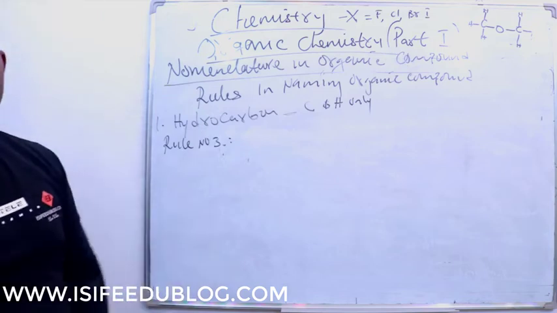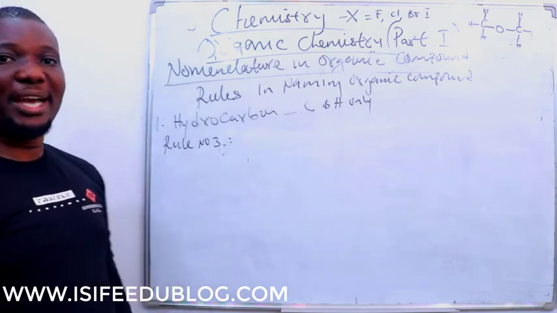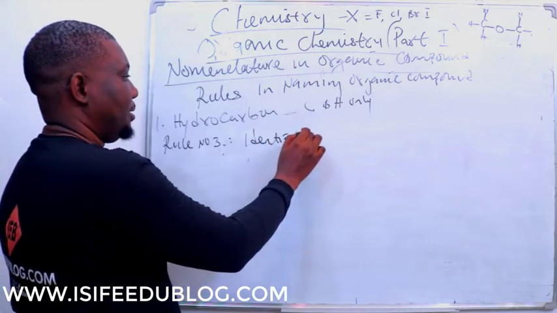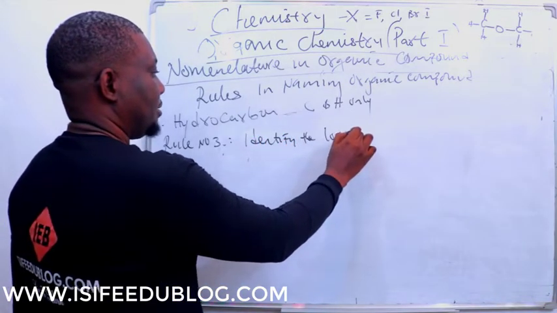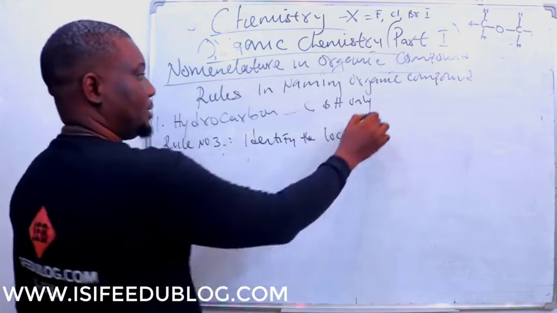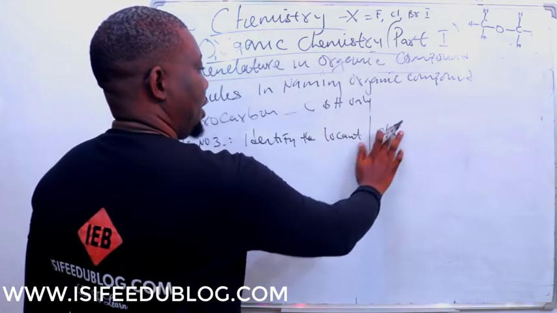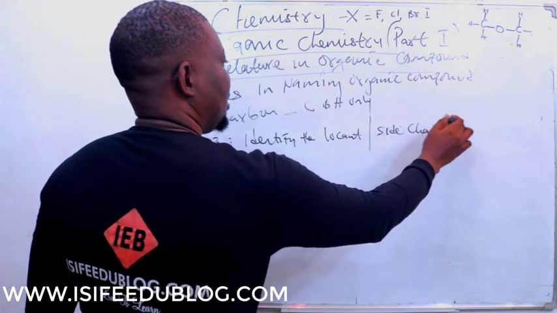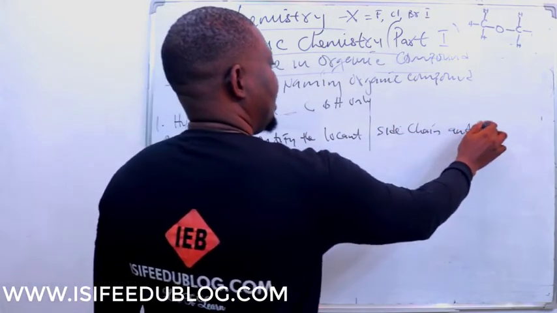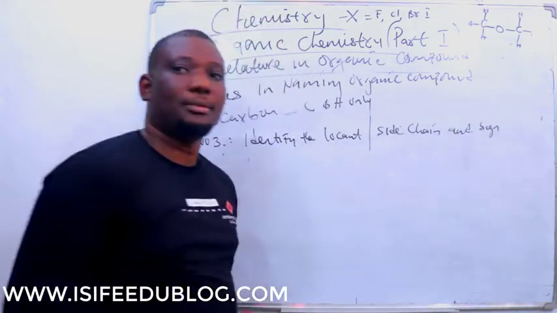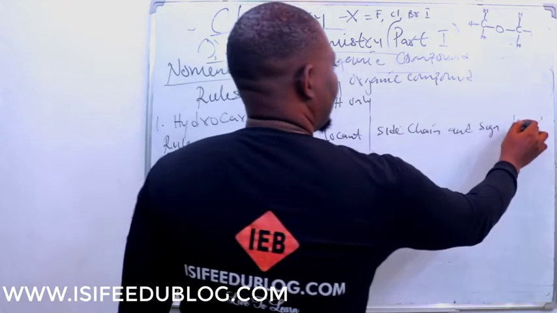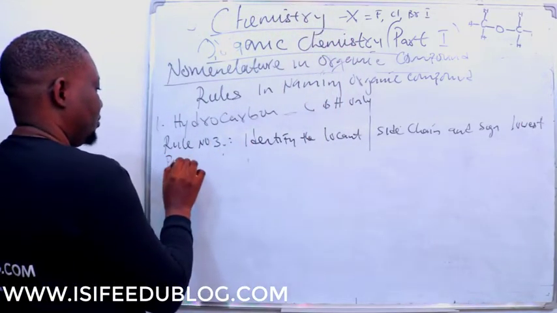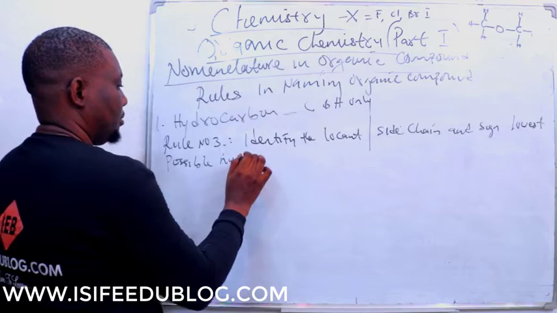Rule number 3: identify the locants of the side chain and assign the lowest possible number.